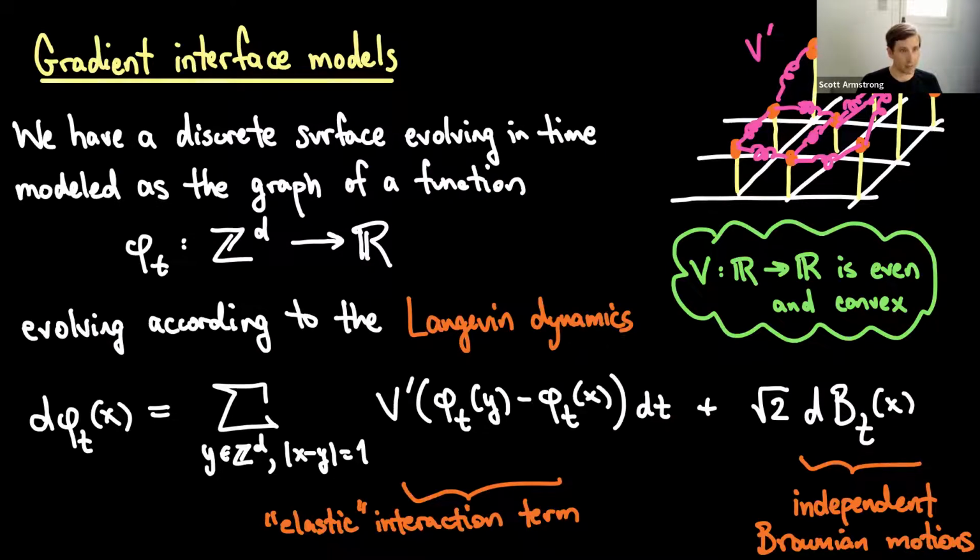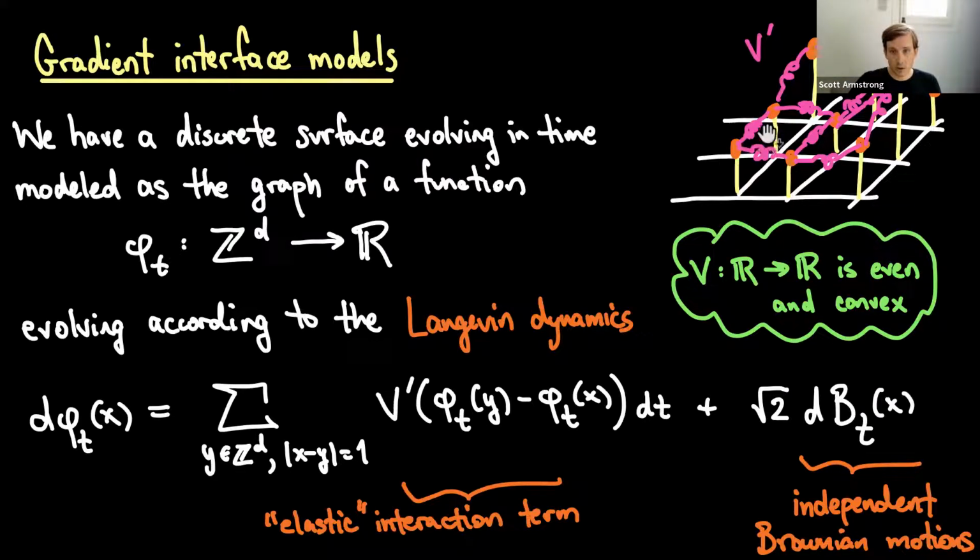The basic setup is you have a discrete surface evolving in time, phi_t. You think of it as a graph of some function phi_t, which is a function from Z^d to R. You think of every little node in Z^d as having a little particle over it. Each of those particles undergoes Brownian motion, which moves it up and down.